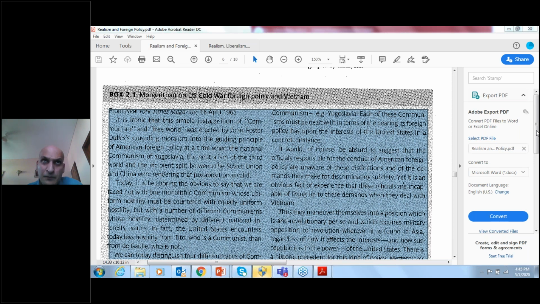But even in today's times, realism has not disappeared. For example, countries will exert influence over each other in other ways. Some countries will try to spread their values.